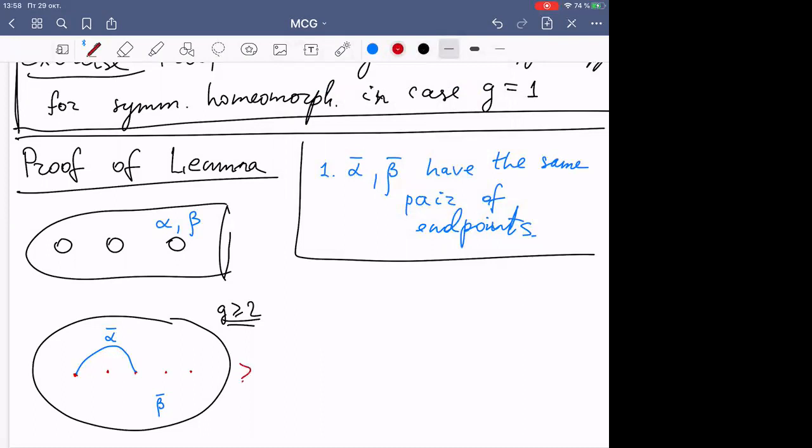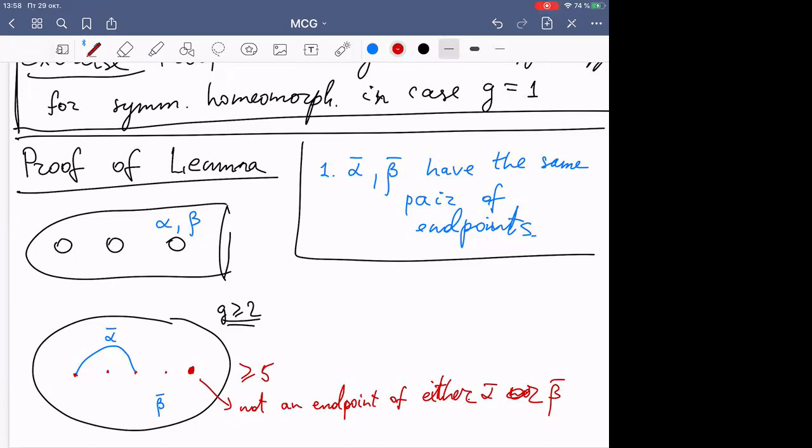This means that we have a marked point which is not an endpoint of either alpha bar or beta bar. So the existence of such a marked point is a crucial point here.